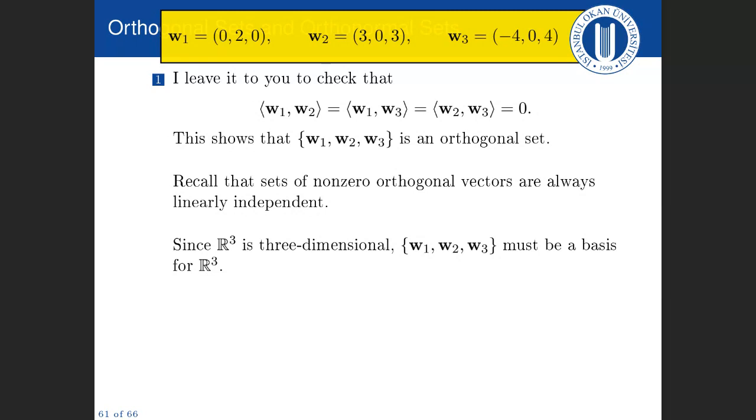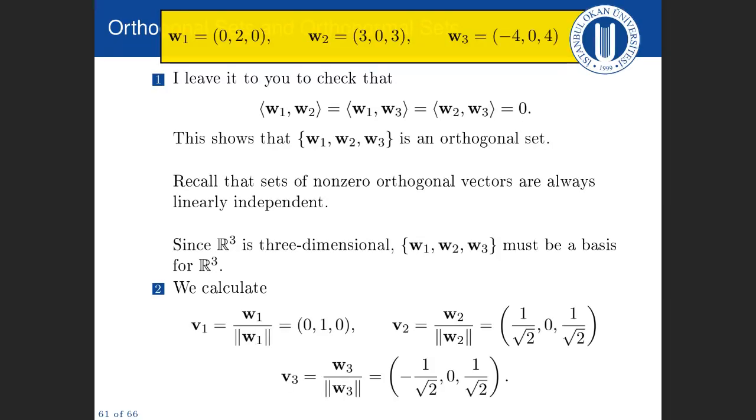Part 2 was normalize each vector to create an orthonormal basis. Take each vector and divide it by its norm. You can check this for me. And then step 3 was find the coordinates of 1, 2, 4.